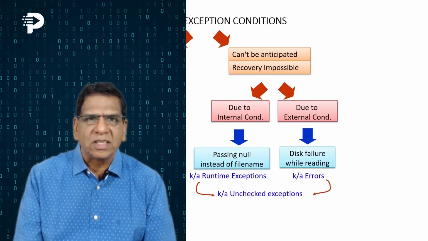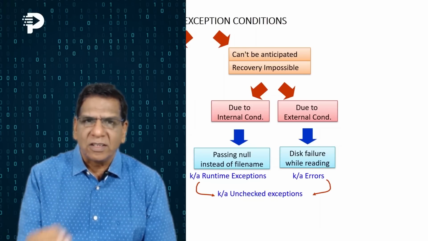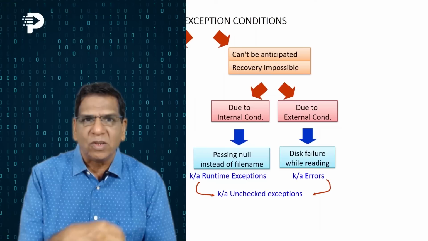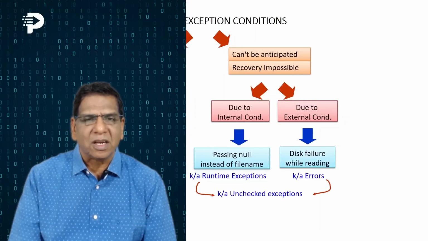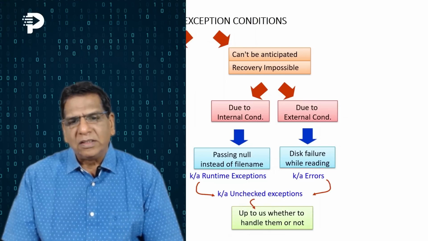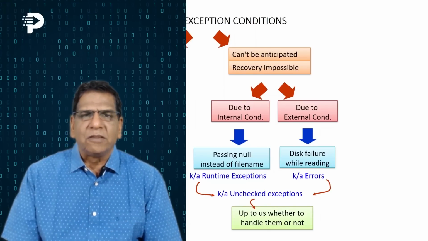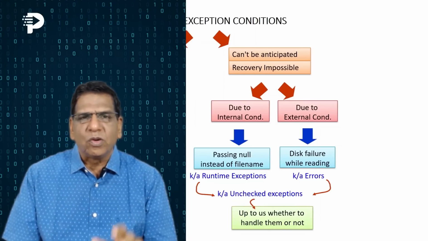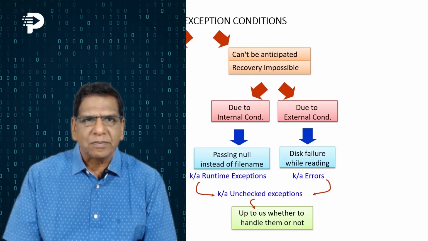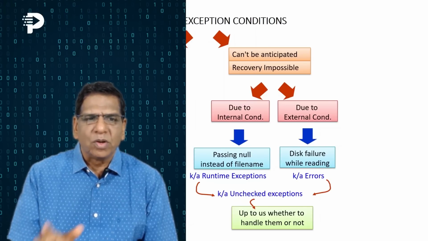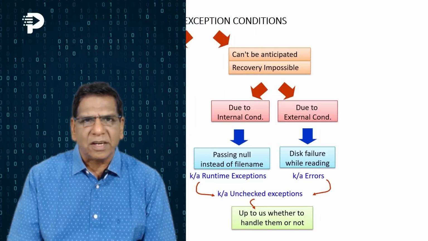Compiler will not check whether you have dealt with these or not, whereas checked exceptions, it will always check whether you have done something about these exceptional conditions or not. In case of unchecked exceptions, it is up to us whether we want to deal with them or we don't want to deal with them in our program. We are more worried about the checked exceptions right now.